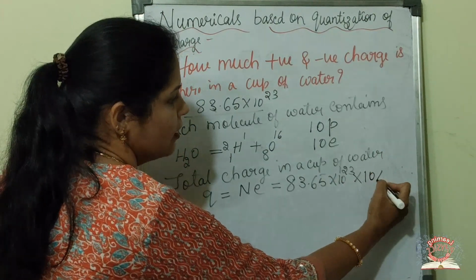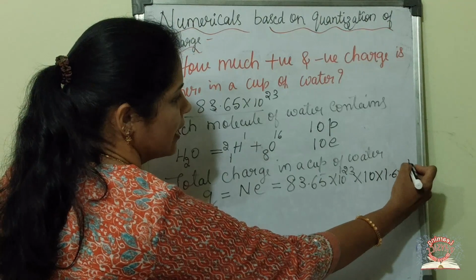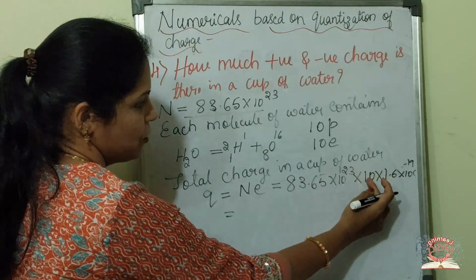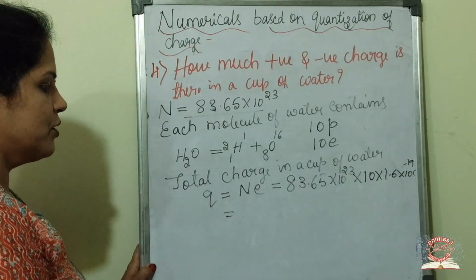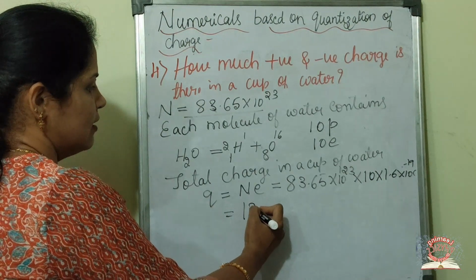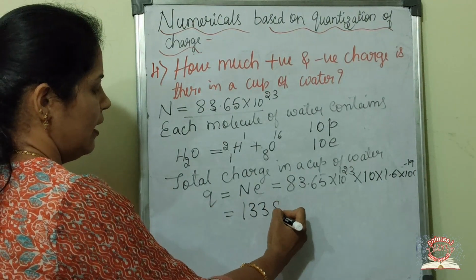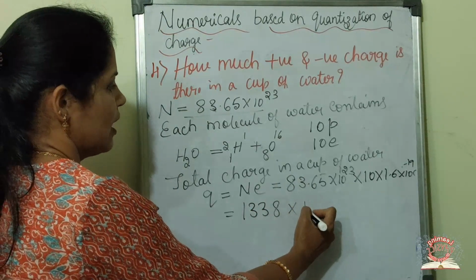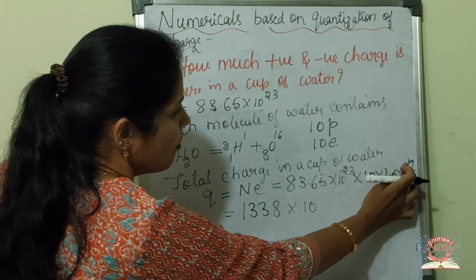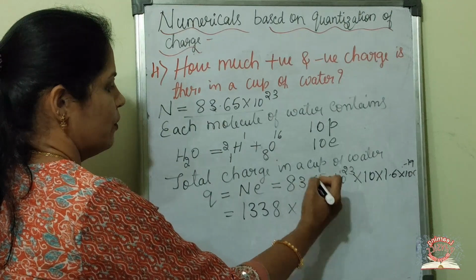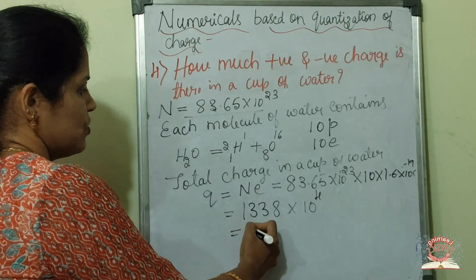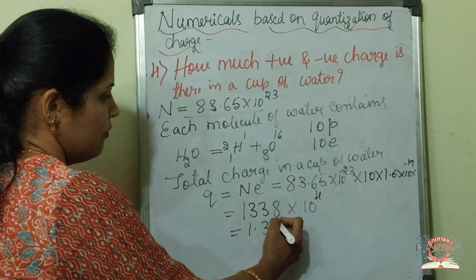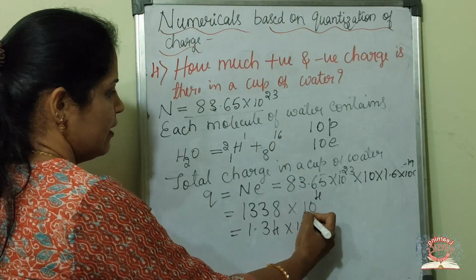What is the charge of a proton? 1.6 into 10 to the power minus 19 coulomb. Multiply all this: 83.65 into 10 into 1.6, we get 1338.4, I think. Into 10 to the power 23 minus 19 becomes plus 4. Or you can write it as 1.34 into 10 to the power 7.